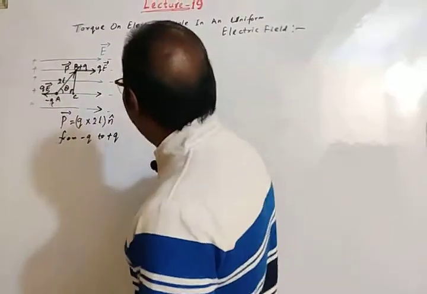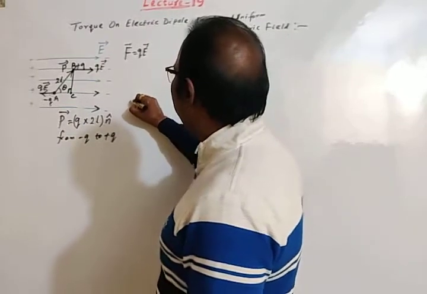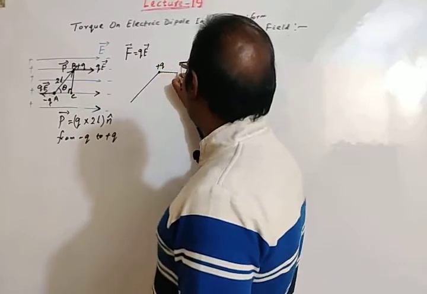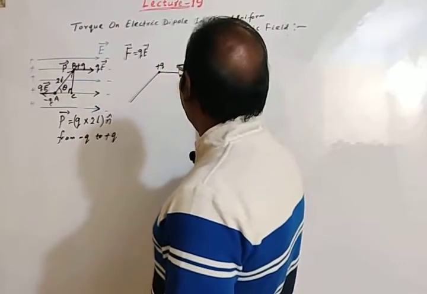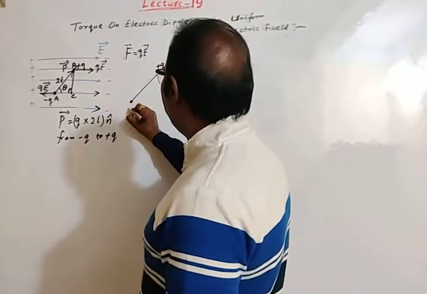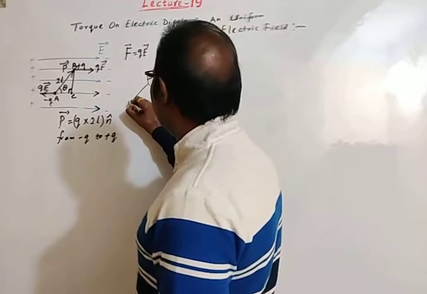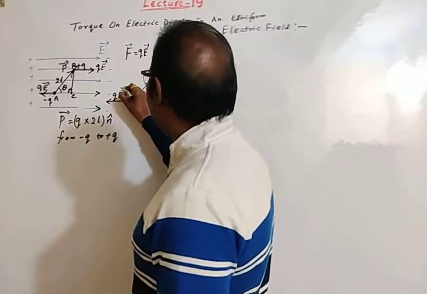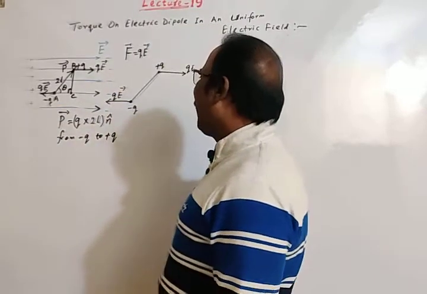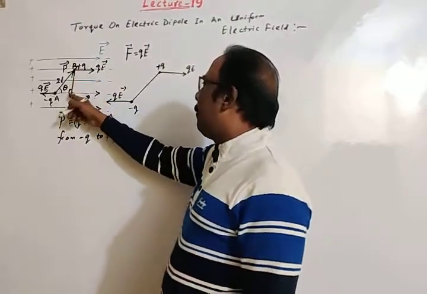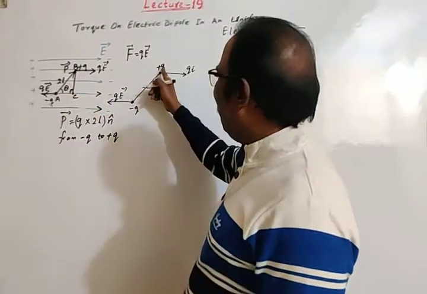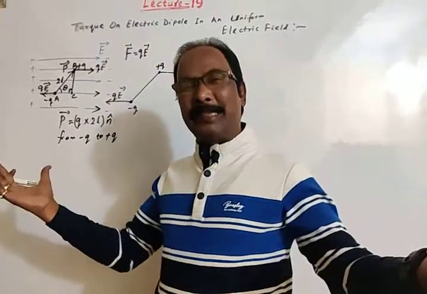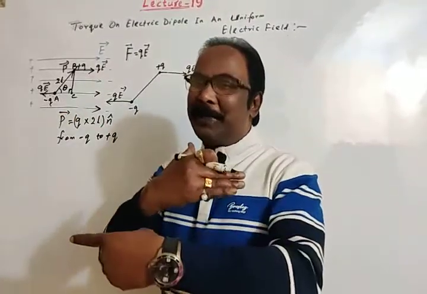So these two forces I am representing here. This is plus Q, force on this charge is QE, this is minus Q, force on this charge is also QE. When an electric dipole is placed in the uniform electric field, the two equal and opposite charges experience two equal and opposite forces.